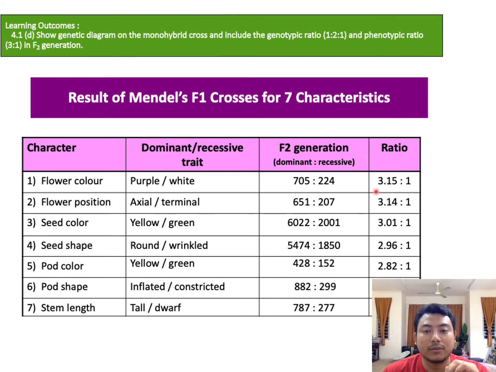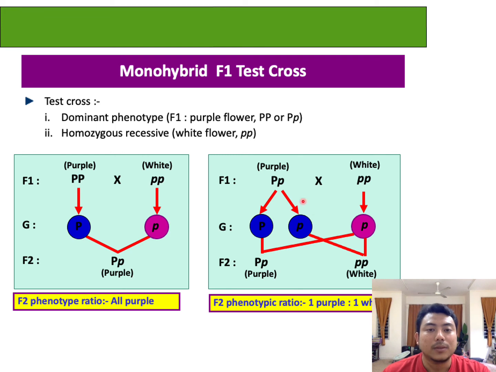When we lay out the ratio, 3.15 to 1, all of the numbers are close to a 3 to 1 ratio. We have 3.01, we have 2.96, still close and closing to a 3 to 1 ratio. Okay, so now we look at monohybrid F1 test cross.